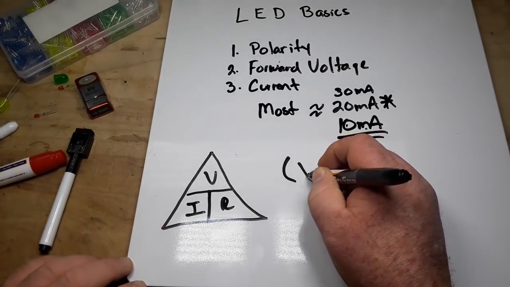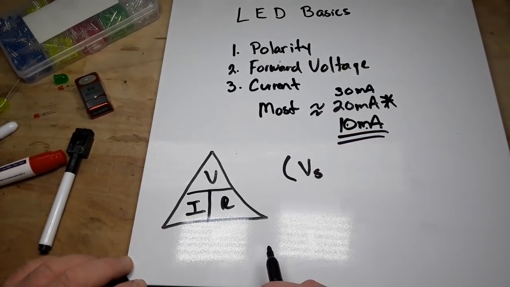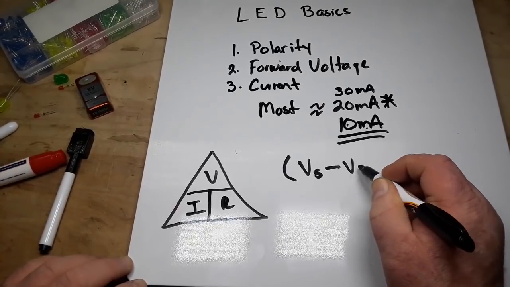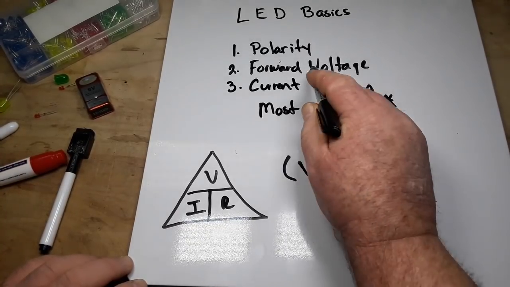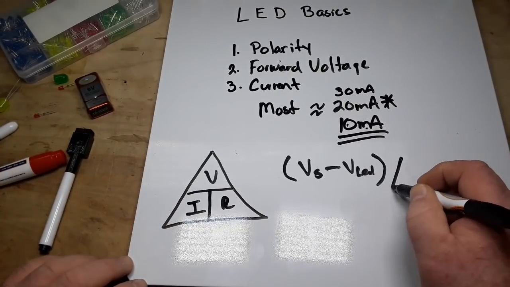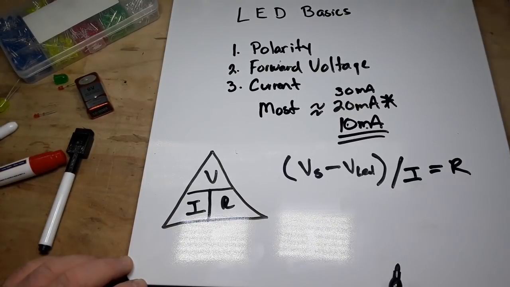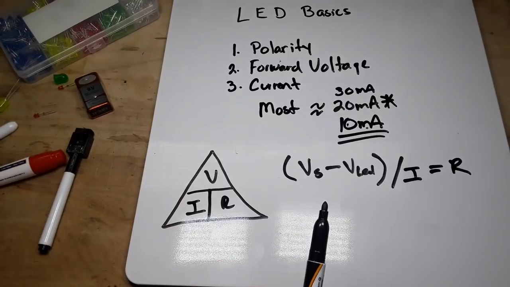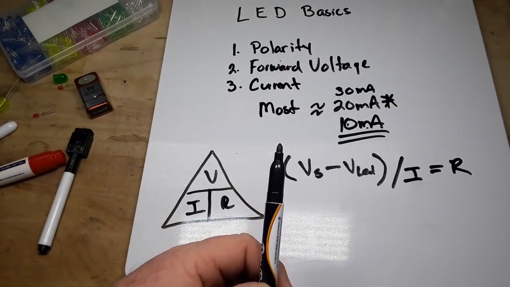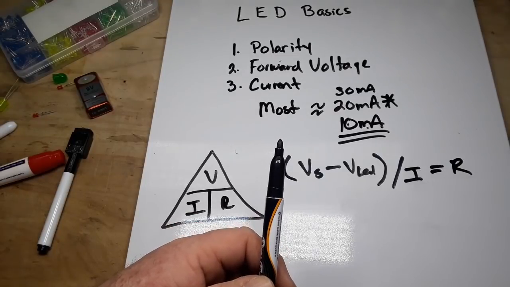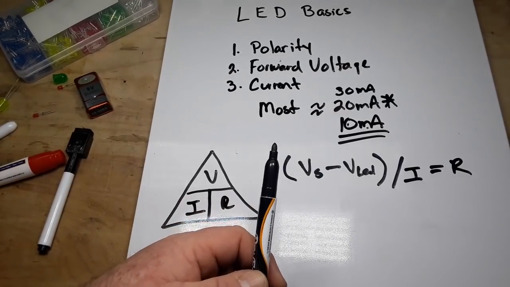So we're going to use this little formula to calculate the resistor we need. We're going to say Vs, which is our source voltage, minus VLED, which is our forward voltage, divided by the current will give us our resistance. Basic Ohm's law, right? So let's say we're going to use an LED that requires 10 milliamps and it's powered by a 12-volt battery and its forward voltage is going to be 3.4 volts, okay?